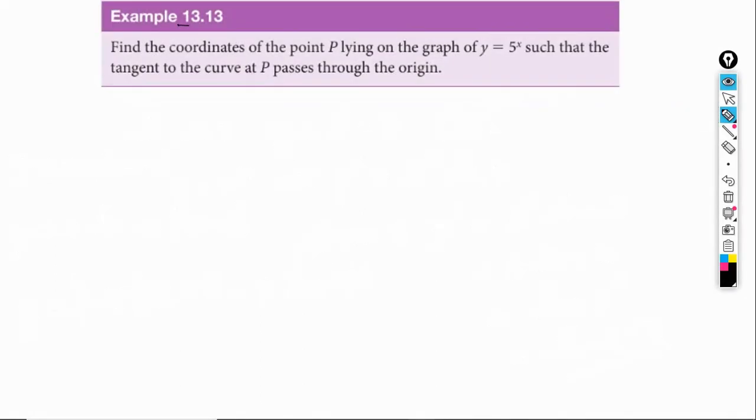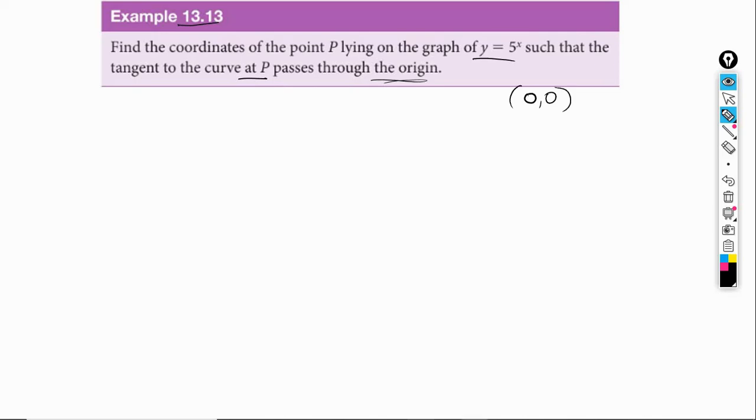All right, so here we are in example 13.13. Find the coordinates of the point P lying on the graph of y equals 5 to the x such that the tangent to the curve at P passes through the origin. Okay, so they want us to find the coordinates of the point of tangency. But the tangent line at that point passes through the origin, so that means that the line we want to find would go through (0, 0).